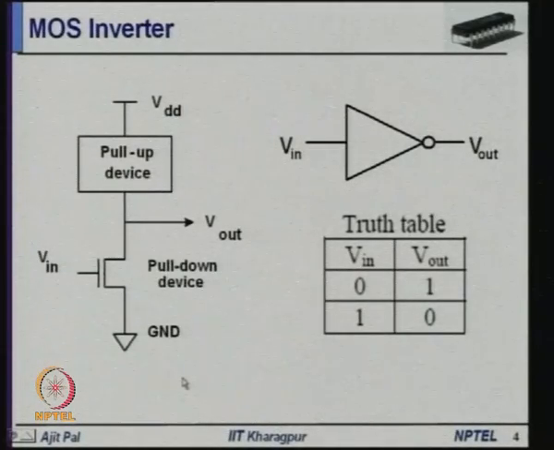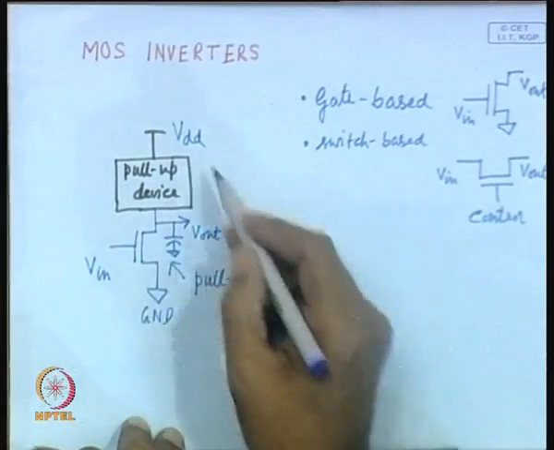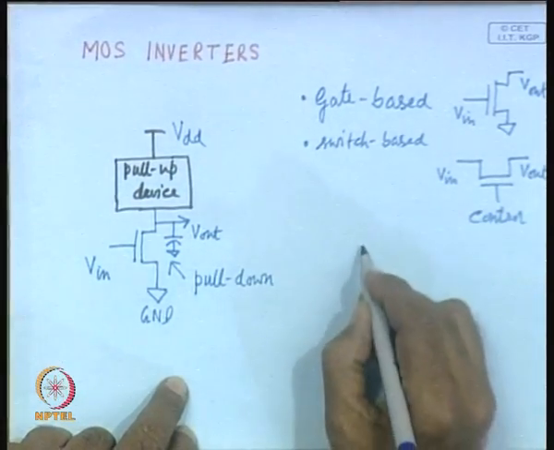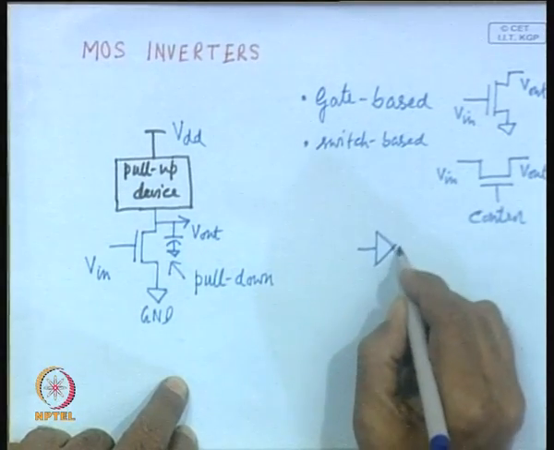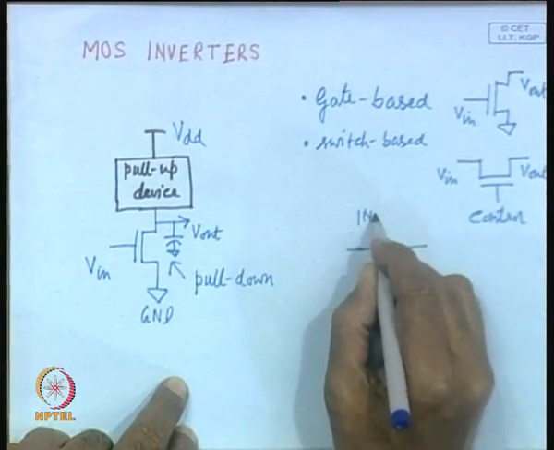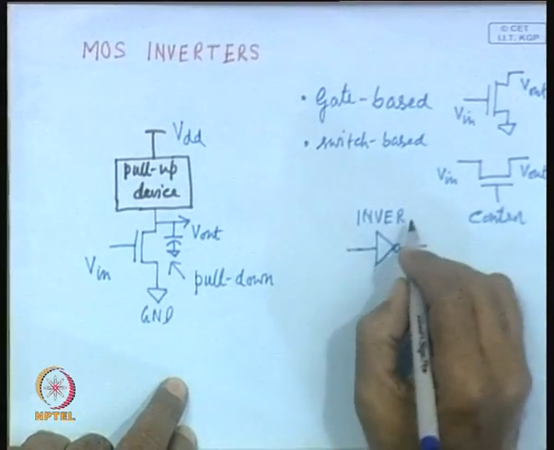whenever you draw the basic structure of a circuit, irrespective of the realization, usually we represent an inverter with the help of this logical symbol. This is the symbol of an inverter. You are familiar with it, irrespective of the way it is realized.